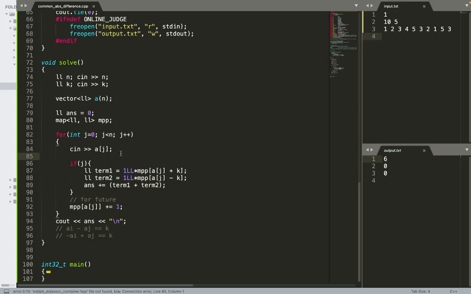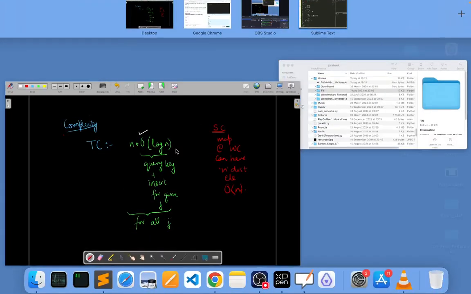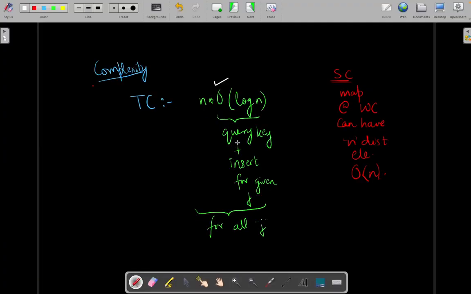Yeah, this is correct. So this is querying. We are essentially searching for the frequency for a given key. So that's what we have written here, that querying will overall take log n time, and then the insert we are doing at the end for future j's will also take order log n because it's an ordered map.